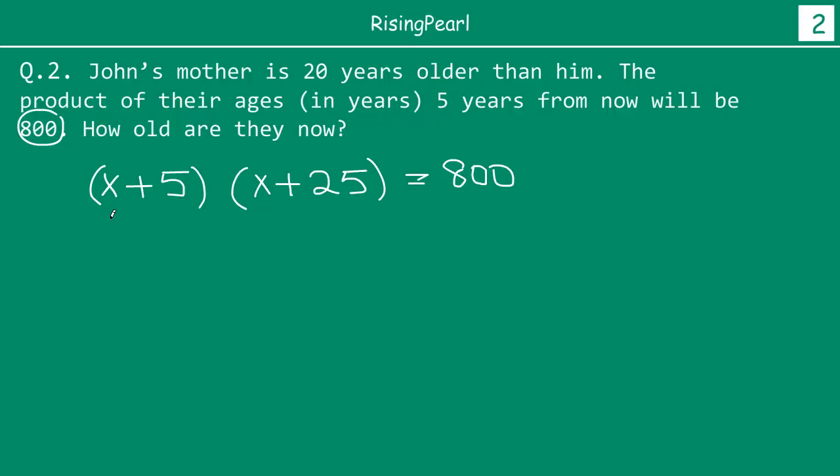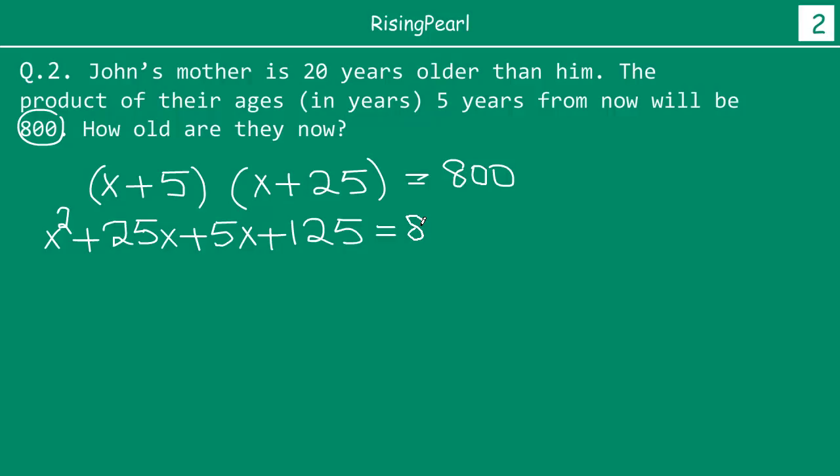So x times x is x squared, plus x times 25 is 25x, plus 5 times x is plus 5x, plus 5 times 25 is 125.